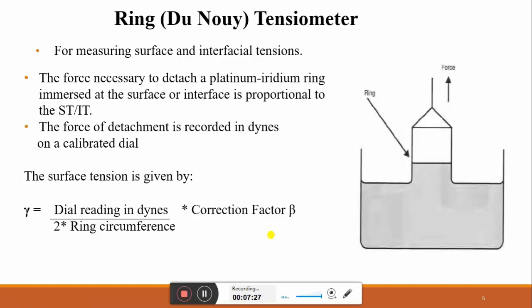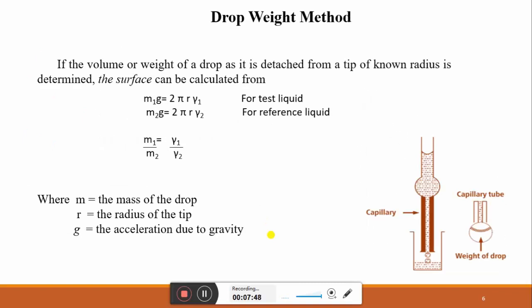So to avoid those differences in the reading, correction factors are added. If we don't add the correction factor, it may produce error up to 25%, and by multiplying with the correction factor, we can reduce the error up to 0.25%. So the next method is the drop weight method.